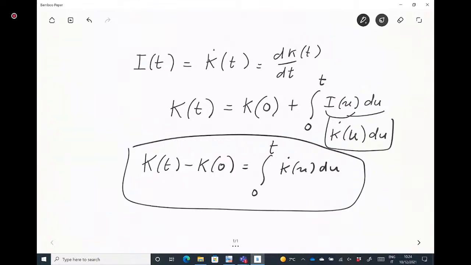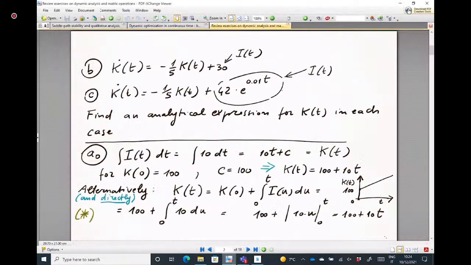And this is useful because sometimes you want to express a stock variable as its initial level. Imagine that you move it to the right, its initial level plus the accumulated level of a flow variable from 0 to capital T, okay? And this is basically what we do here. So K0 plus the integral between 0 and t of I(u) du.